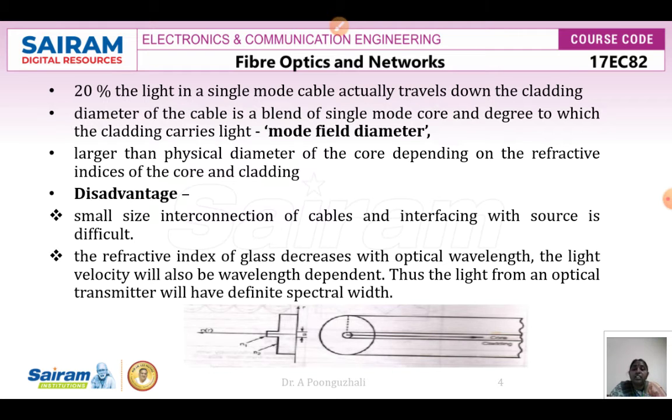The core refractive index is very small compared to the refractive index of the cladding, and because of this the radius of the core is very small. It is less than the refractive index of the optical wavelength, so the light depends on the velocity, or on the wavelength. In that case, the spectral width is also going to be limited.